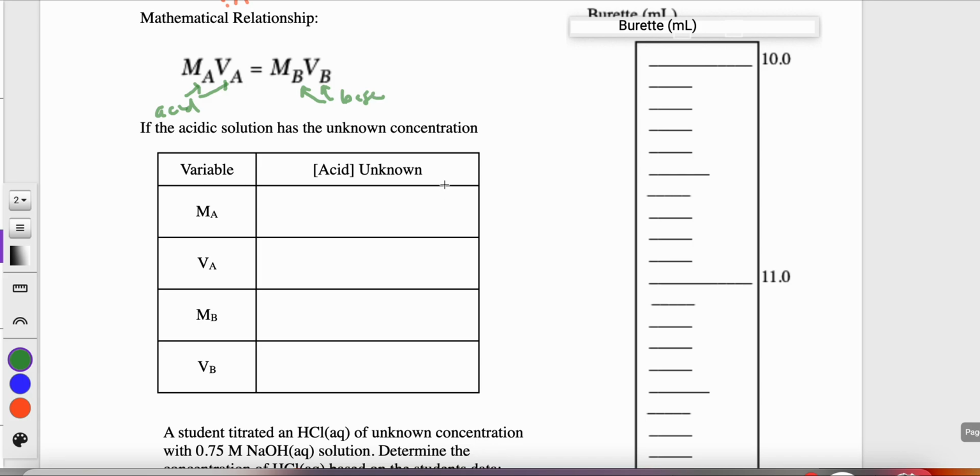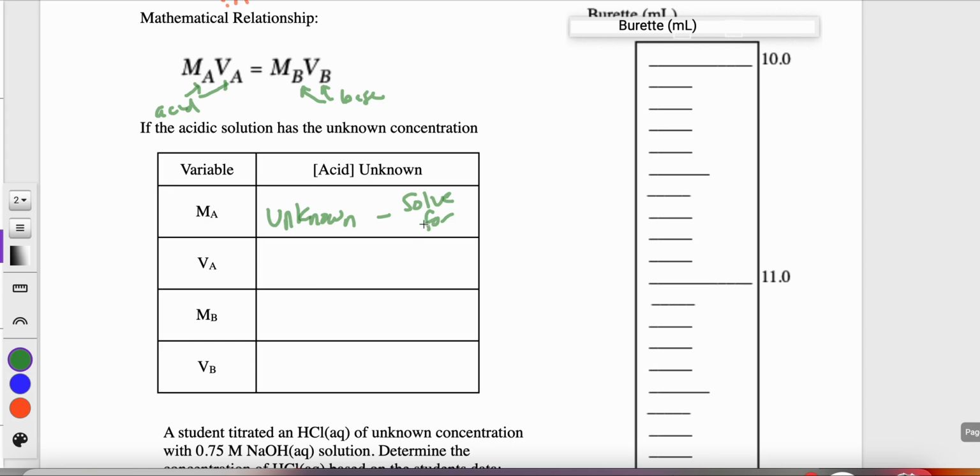So the way that we're going to do this in the lab is that our acidic solution has the unknown concentration. So in this mathematical relationship, MA, this is what we're solving for. So this is our unknown. We collect the data, and this is what we are going to solve for. That's the purpose of the lab.